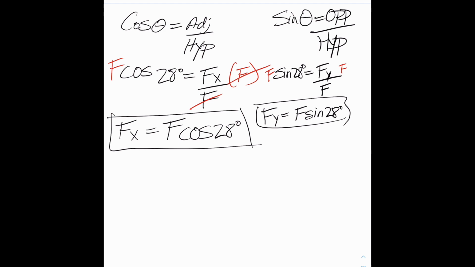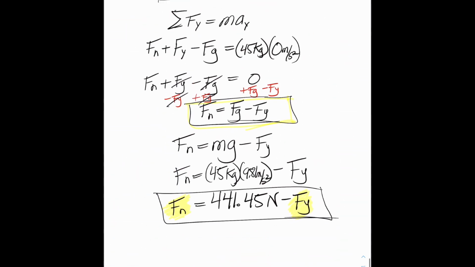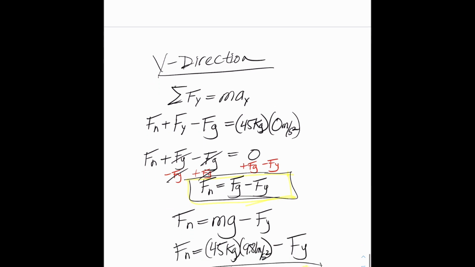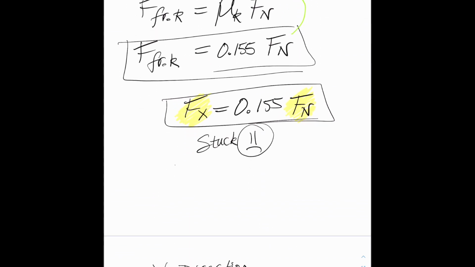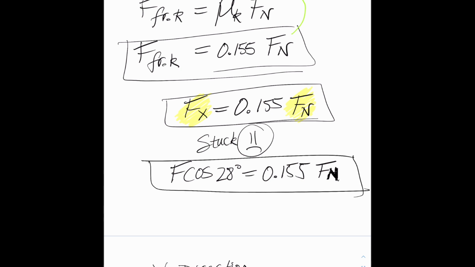So let's go ahead and rewrite up here. Okay, so we said Fx is F cosine 28. Oops, I'm using capital N for this problem. I don't want to change it now. Okay, so there's my first equation right there.